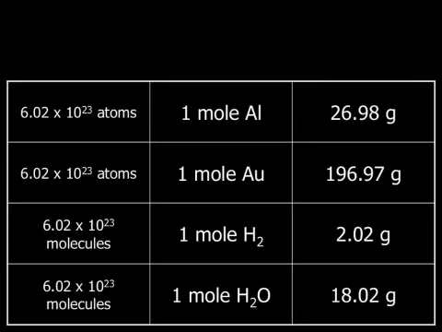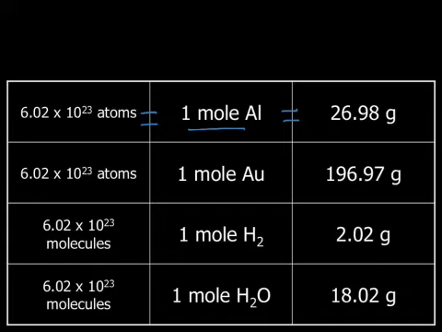Here's a chart that shows a comparison between all these things we just talked about. In the middle, we have 1 mole of aluminum. On the left, that's equal to 6.02 times 10 to the 23rd atoms. On the other side, that's also equal to 26.98 grams.